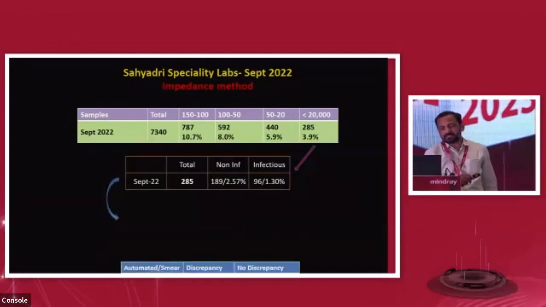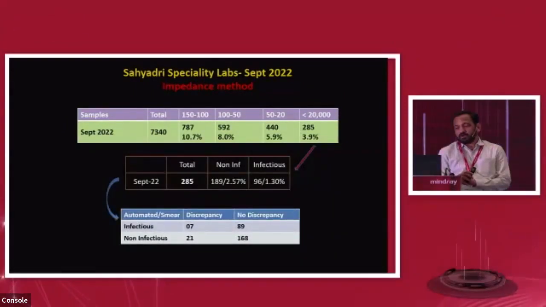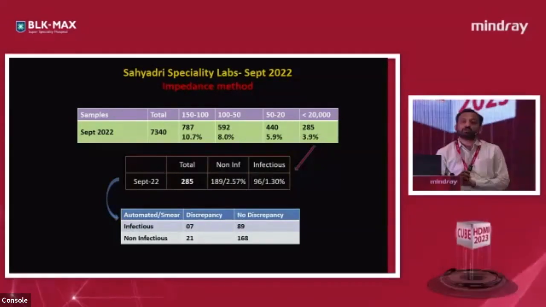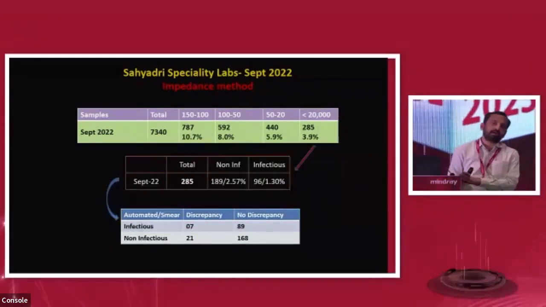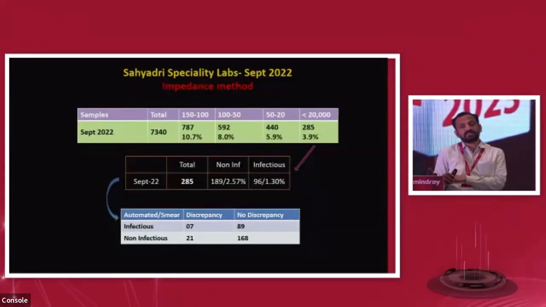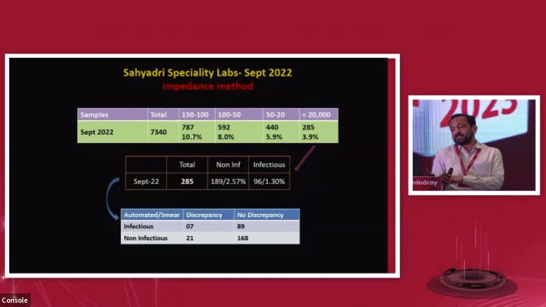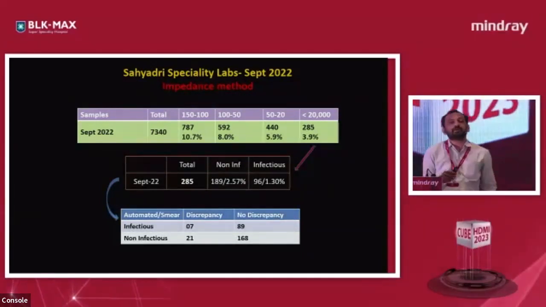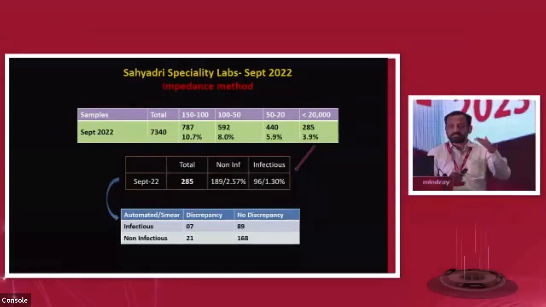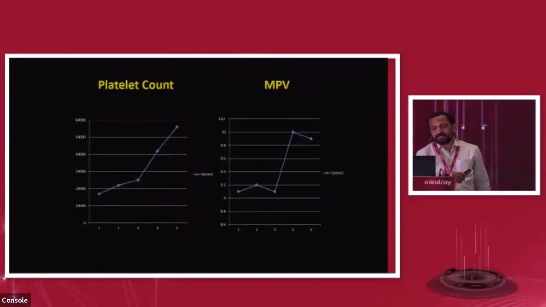When we reviewed the smears, only 7 of the infectious category showed discrepancy between the machine count and the manual count, and only 21 cases of the non-infectious category showed discrepancy. The rest of the samples were non-discrepant, wherein the machine count and the manual count matched very well.